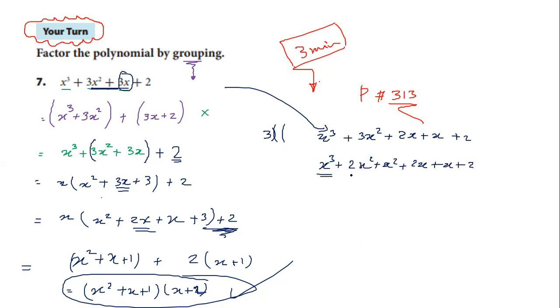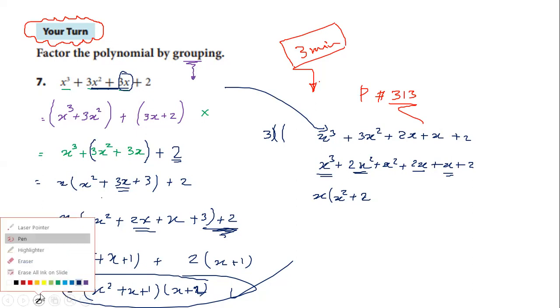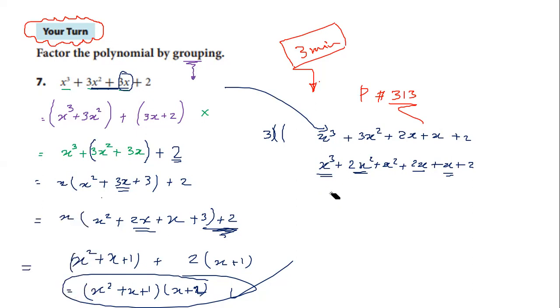From x cubed, x squared and x, we can take x as a common factor. You still have x squared plus x plus 1. So x cubed plus x squared plus x in a bracket, and another parentheses, which is 2x squared plus 2x plus 2.